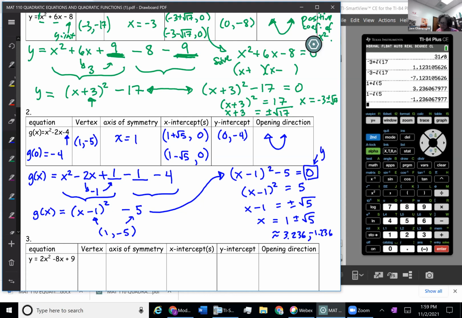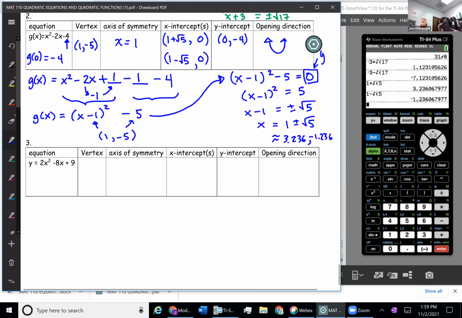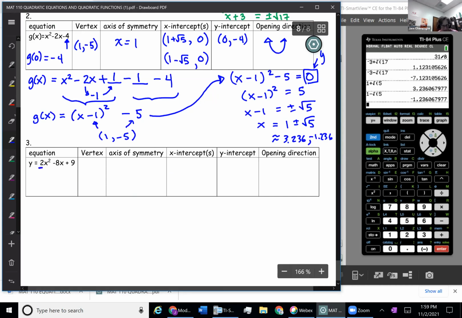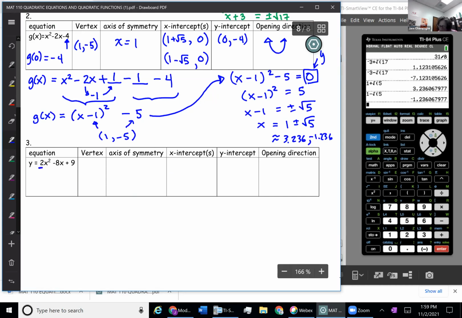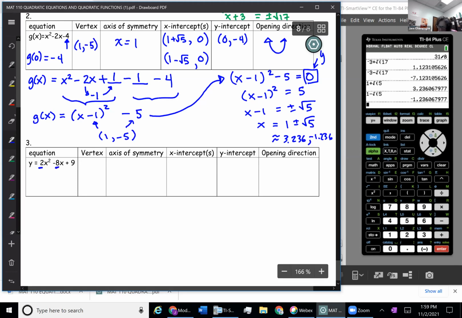All right, number 3. This one is not easy to complete the square because the leading coefficient is 2 and you'd have to factor that out. The good news is that this would still be even. So you'd have x squared minus 4x, and then you could add, and then you've got +9, and then you'd subtract 2 times whatever you added.